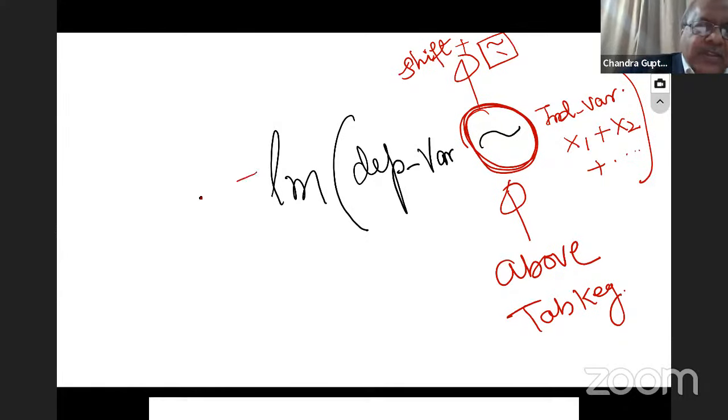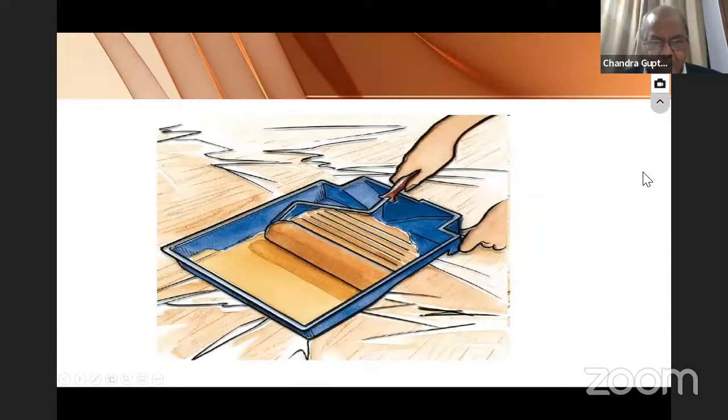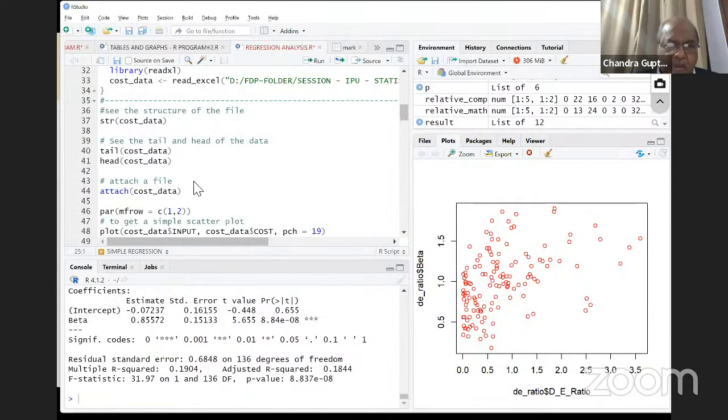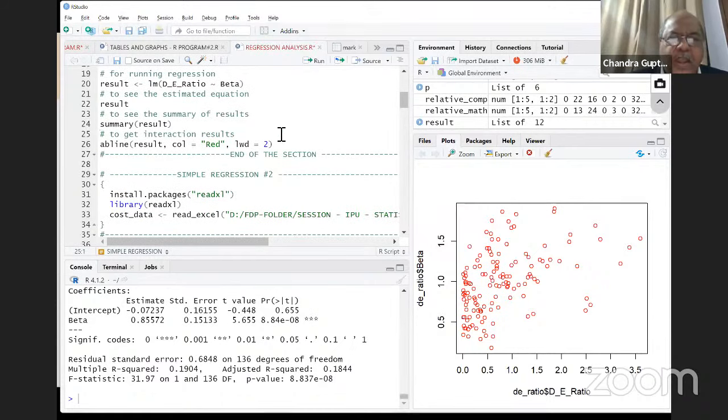And you can save the result in some variable name and you can get the summary of the results. Like this. And if you want to fit the regression line here, then the command is abline.